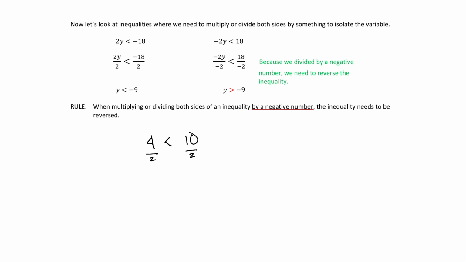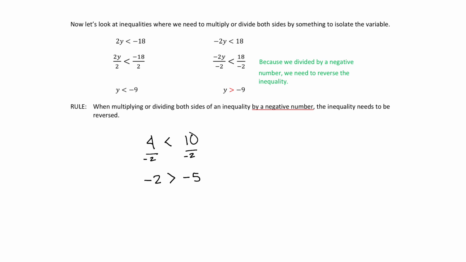Okay, so let's make this 2 right here a negative instead. So on the left-hand side, 4 divided by negative 2 is negative 2. On the right-hand side, we have 10 divided by negative 2, which is negative 5. Having negative $2, basically, is better or bigger than having negative $5.